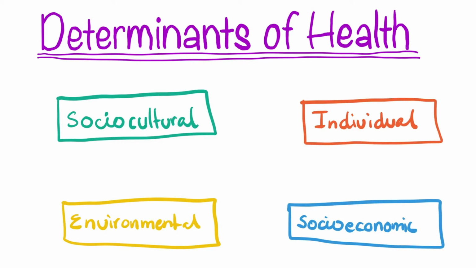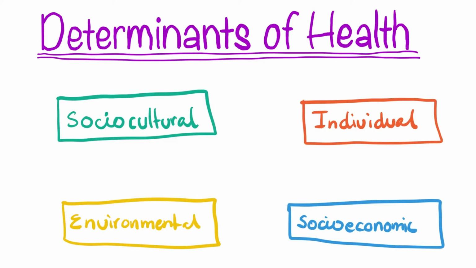So we'll start by having a look at, what are the determinants of health? Now, the determinants of health are the individual, the socioeconomic, the sociocultural and environmental factors, which can have both positive and negative impacts or influences on the health of an individual or of certain populations.